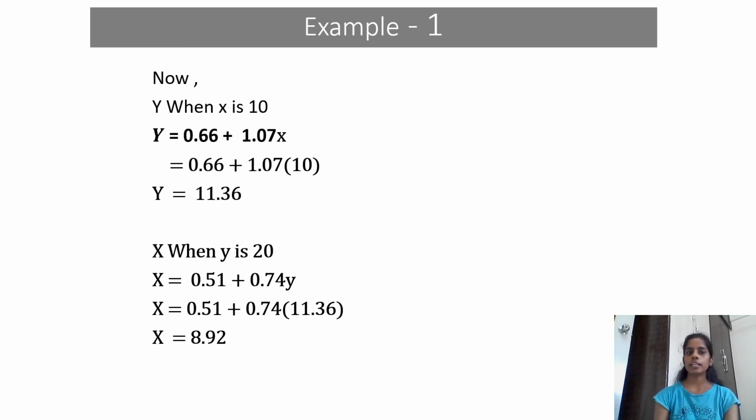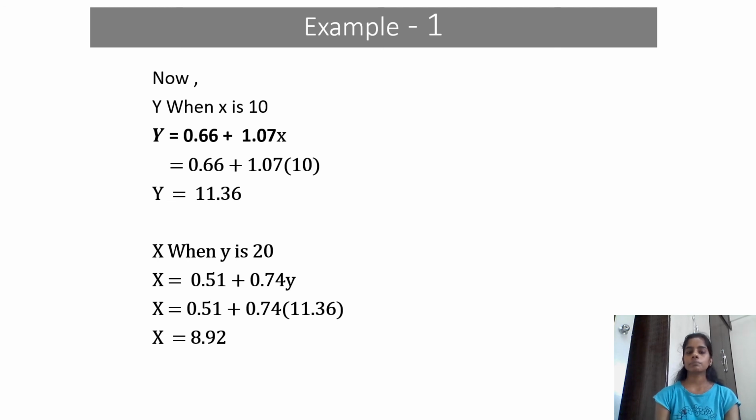Now we want to calculate y when x is 10. So y is equal to 0.66 plus 1.07x, which is 0.66 plus 1.07 into 10, as x is 10 in the given question. So y is equal to 11.36.